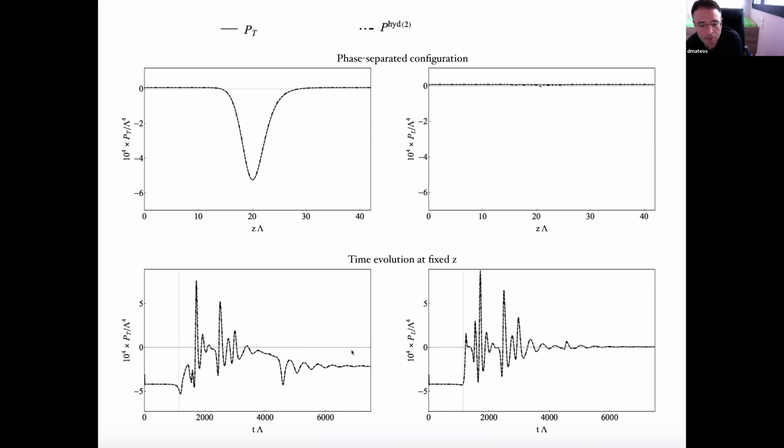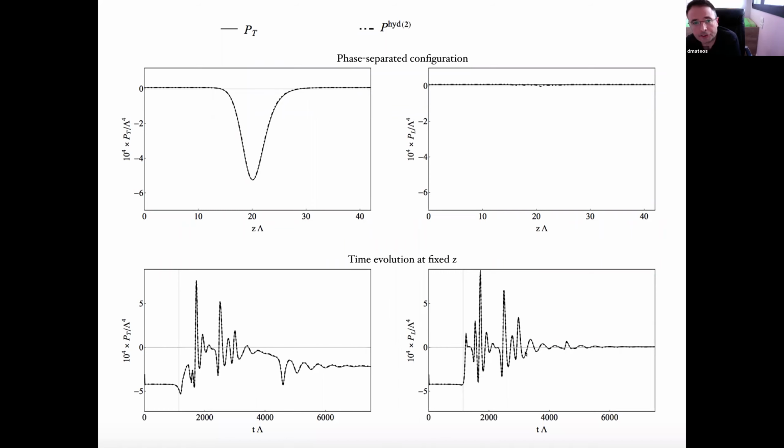Here I'm showing you the same pressures, but now as a function of time for a particular value of z. I'm taking a slice at constant z, and I'm showing you the time evolution of these pressures until they settle down to the final equilibrium value at that particular value of z. Again, you see that not only the space dependence, but also the time evolution is well described by second-order hydrodynamics.